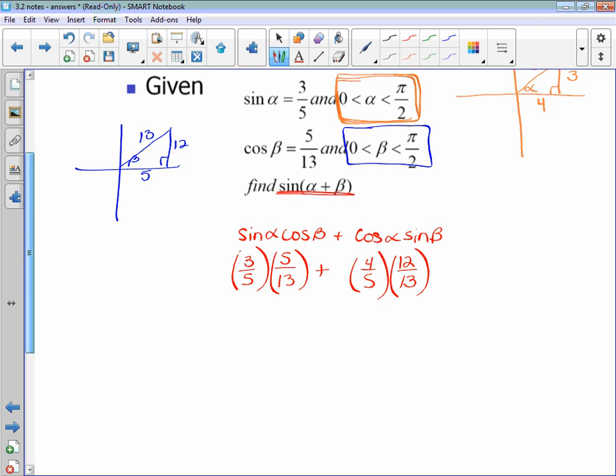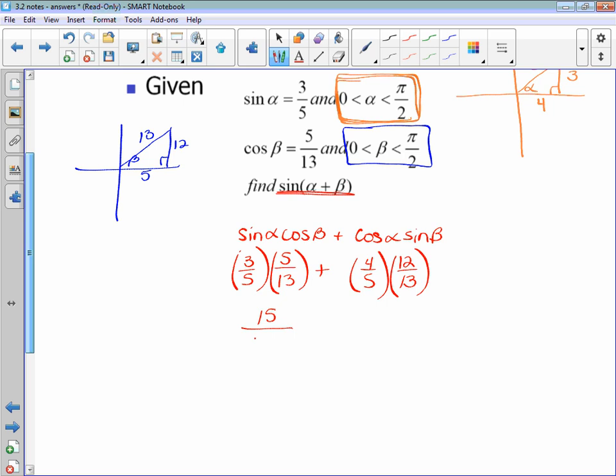Now we're just multiplying. With fractions, you multiply straight across. So what's 3 times 5? 15 over, what's 5 times 13? And guys, with multiplying like that, if you don't know 5 times 13, that's fine. What's 5 times 10? 50. What's 5 times 3? 15. What's 50 and 15?